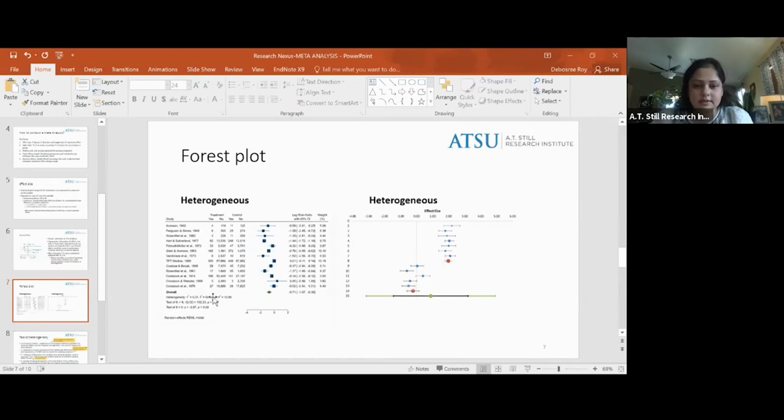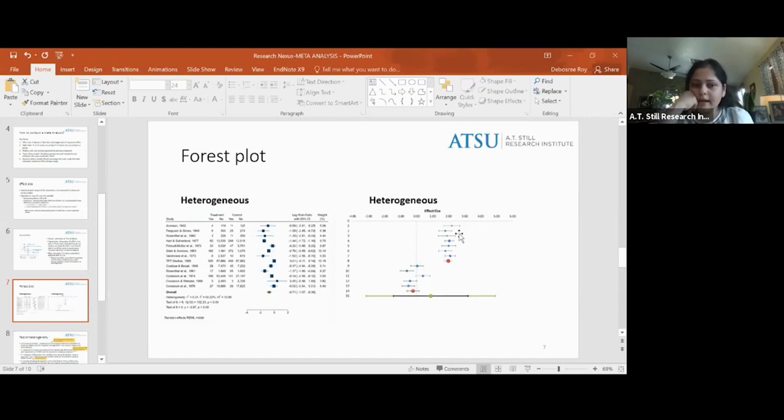I will come to the test statistics in the next slide. But this slide provides you with an idea of how to deduce whether the data is heterogeneous or not. So both are heterogeneous, as you can see. There are clusters of data in both these studies.